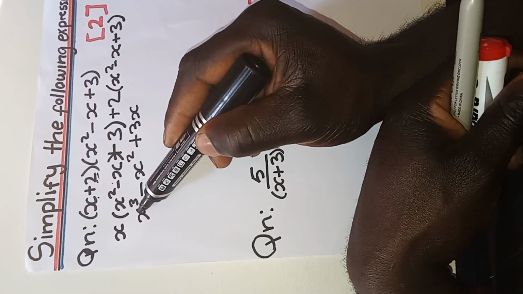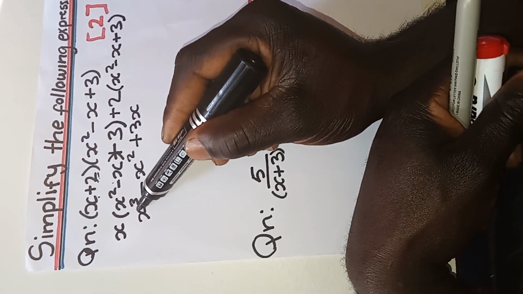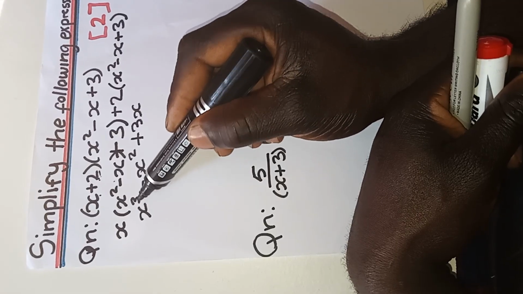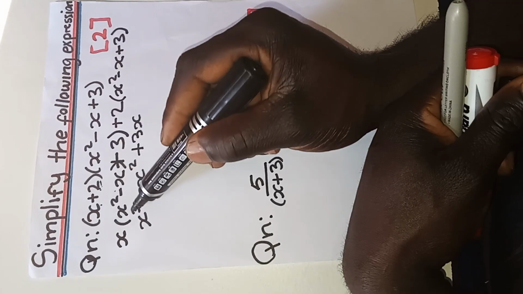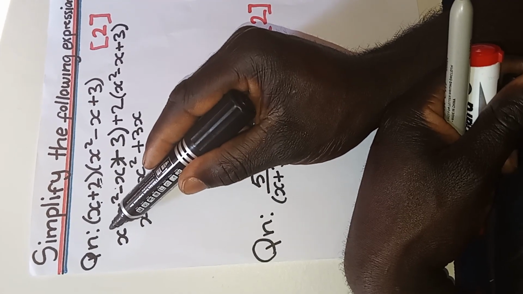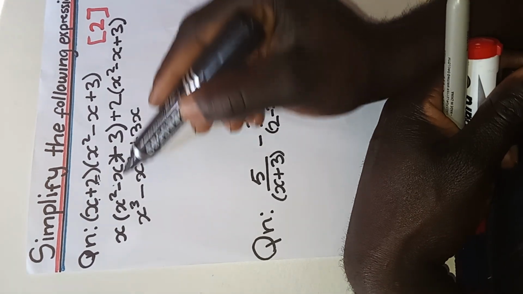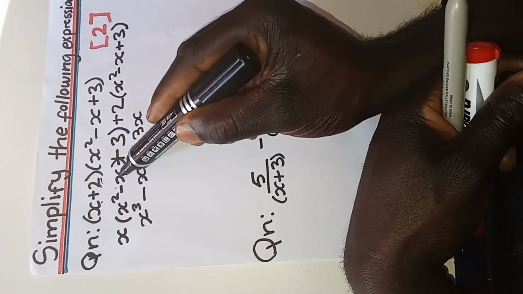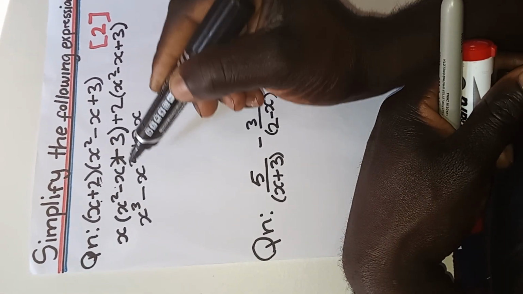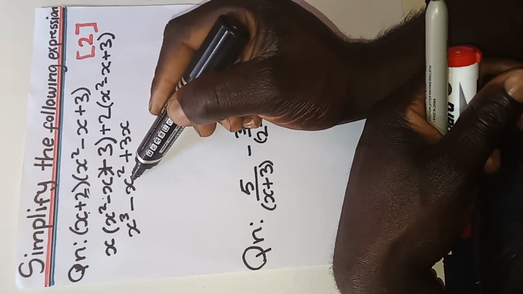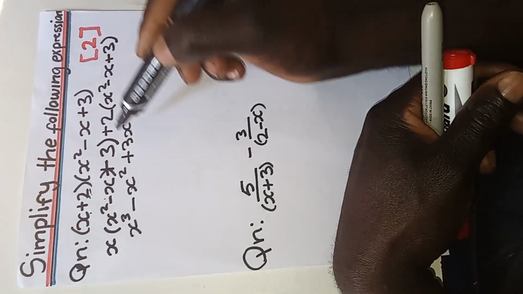If you go to your laws of indices, to those who can visit our previous posts on laws of indices or exponents, when multiplying numbers with the same base you add the powers. So x to the power of 1 plus 2 becomes x³. Then x times x, I add the powers 1 and 1, and it becomes x². Then 3 and this x becomes 3x.